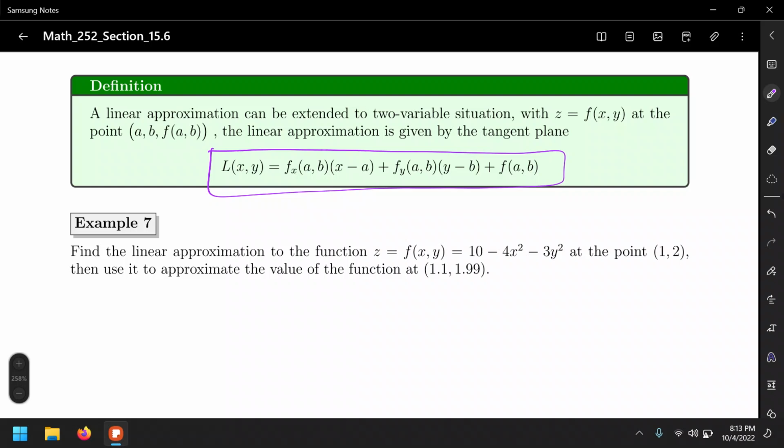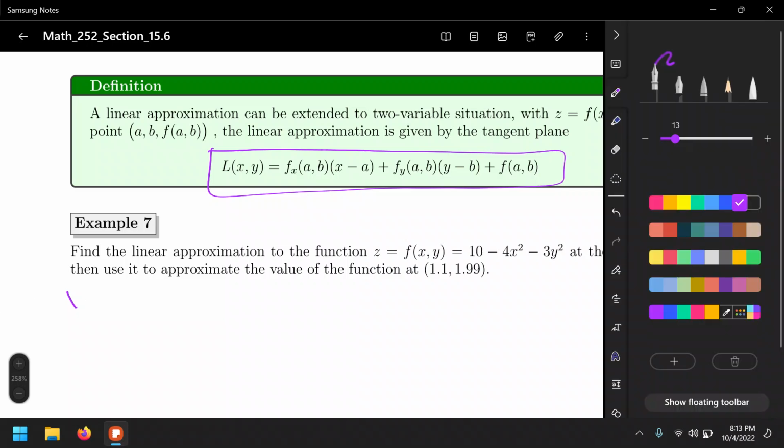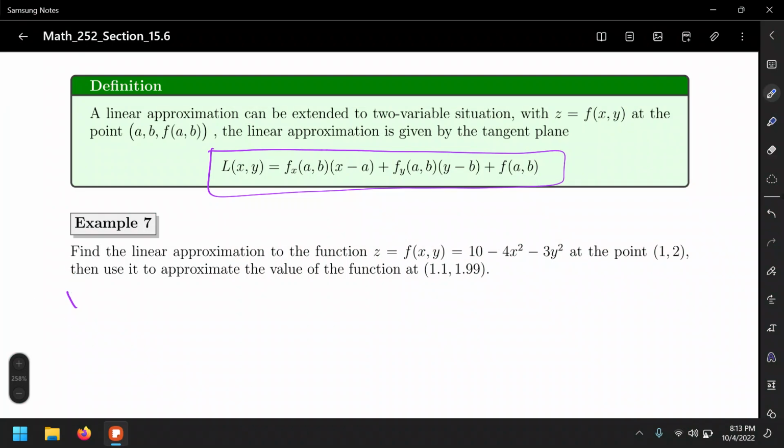Okay, so let me do the gradient. The gradient, which is nabla f, well actually in this case it's nabla of little f, because we are working with an explicit function, and so that's going to be the derivative with respect to x, negative 2x, and negative 6y on the y component.